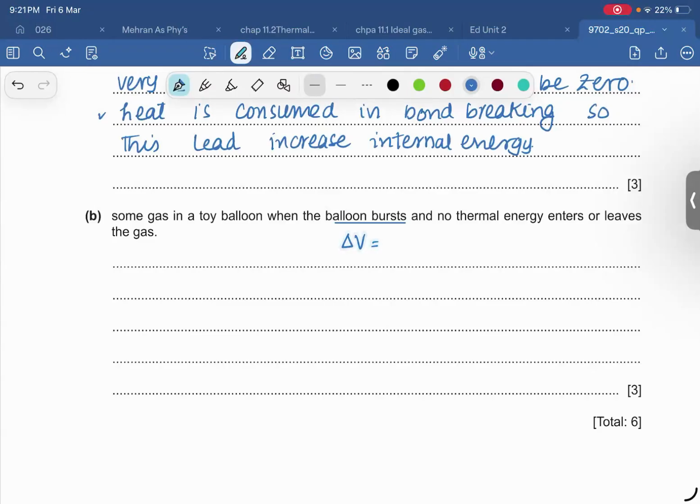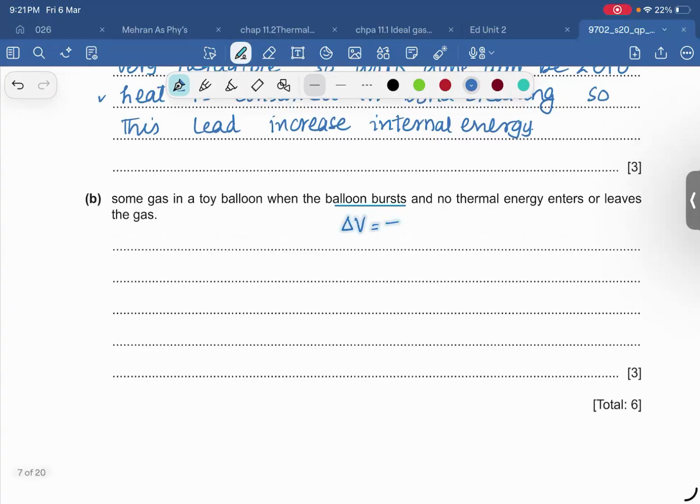Making sense? Yes. Then the work done will be positive or negative? Negative. Okay, because it goes out, right? Because the work done from the gas is transferred into the surroundings; all the work done is utilized in pushing the surroundings outwards, so the internal energy decreases.